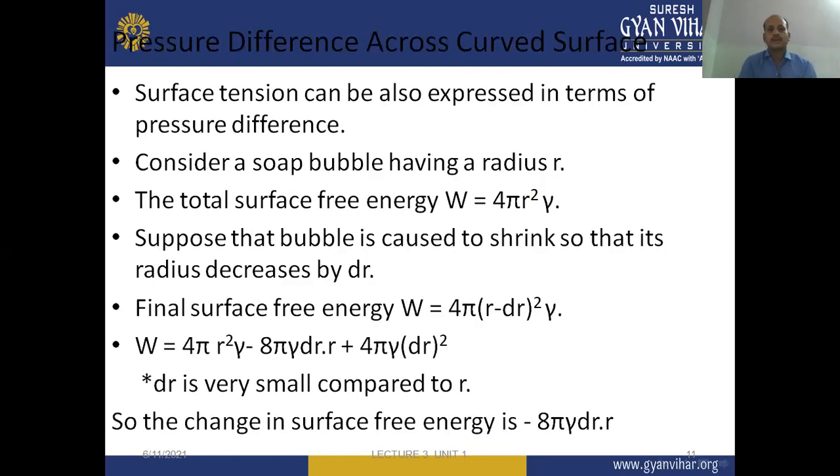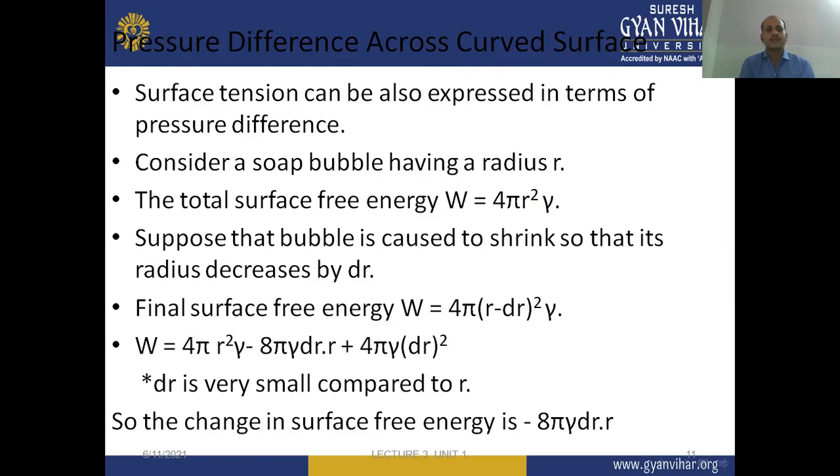Now the next concept is how we can express the surface tension through the pressure difference across curved interfaces. If the interface or surface is curved, how can we define the surface tension? Surface tension can also be expressed in terms of the pressure difference.